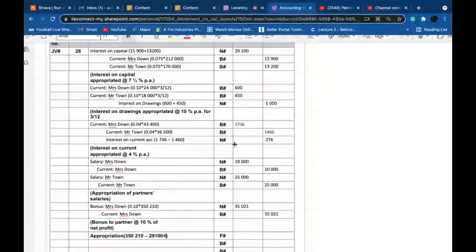So here that's a plus for us because that's money coming in. And that was 1,050, okay? Money we received, okay? But then we also had interest on current account, okay? And overall, they were actually paying us, not us paying them, okay? So we say then another plus 276.